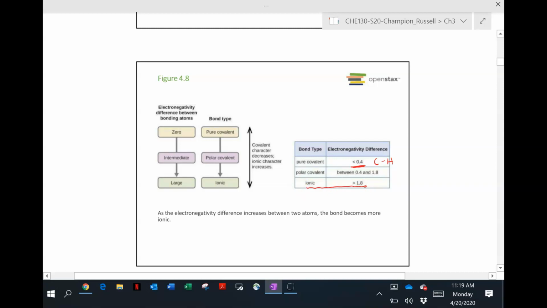One atom wins those electrons and has a negative charge, and the atom that lost the electron has a positive charge, and that's an ionic bond. Between those two values, we have what we call a polar covalent bond, like we talked about in hydrogen chloride earlier. Those bonds are going to be polar.